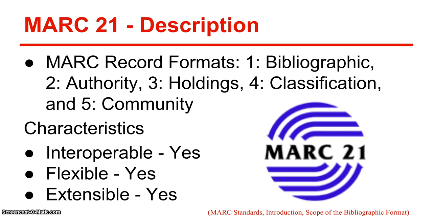MARC 21 is extensible. New elements can be added to the core elements to offer increased usability. One example of this is the addition of 3 new fields to be used in MARC 21 when using RDA metadata standards: field 336 for content type, 337 for media type, and 338 for carrier type.